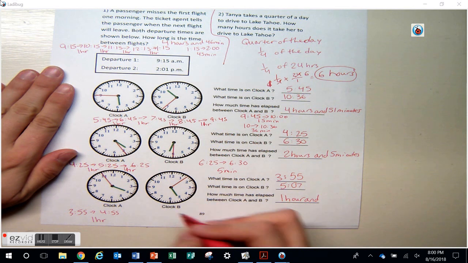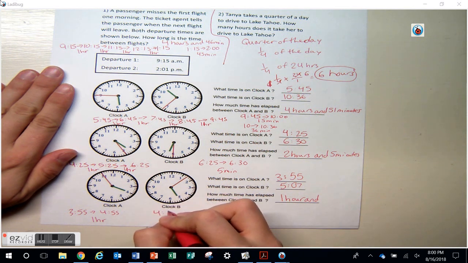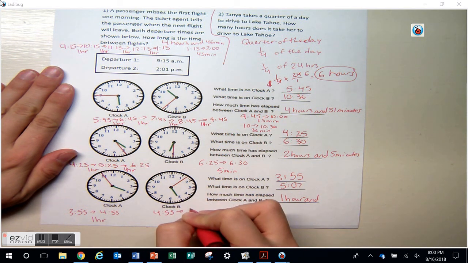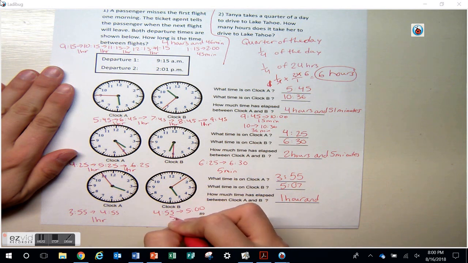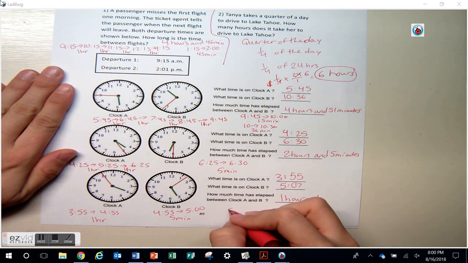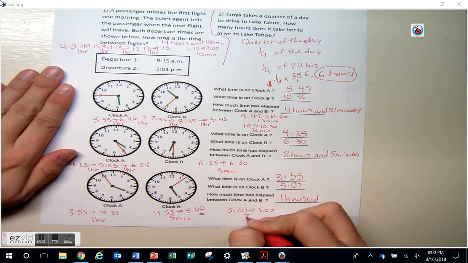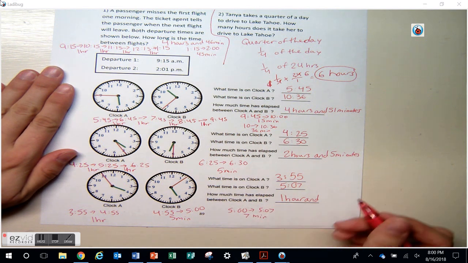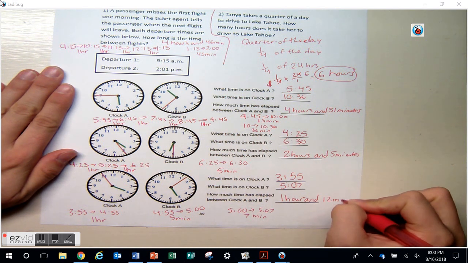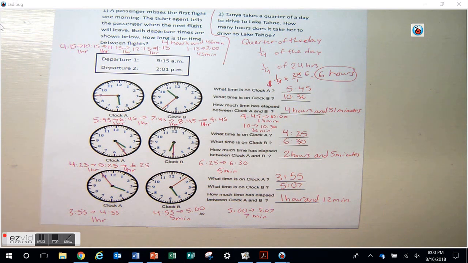And to get from 4:55 to 5, here we have 5 minutes. From 5 to 5:07, we have 7 minutes. So together we have 12 minutes. Hope that was helpful for you today.